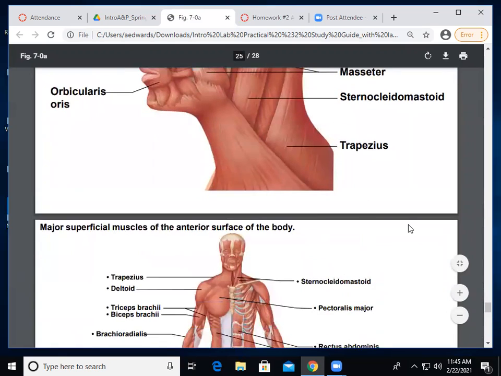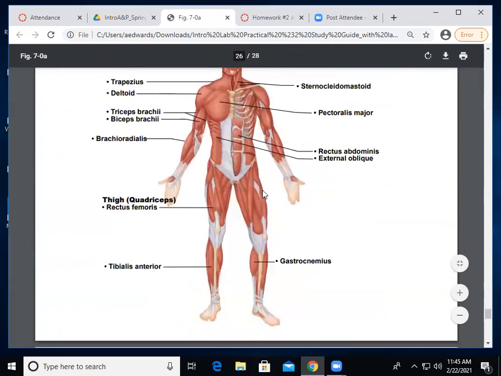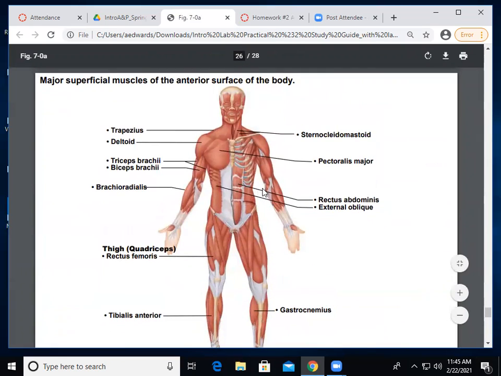In the back of your neck, back here, it's called the trapezius. And as you play the games, it'll get easier and easier for you. Let's go on to the body, the rest of the anterior surface. Again, there's that sternocleidomastoid. It's kind of diagonal, right? There's the trapezius.